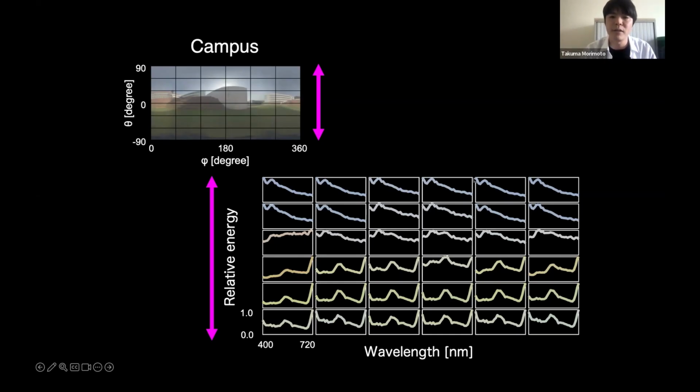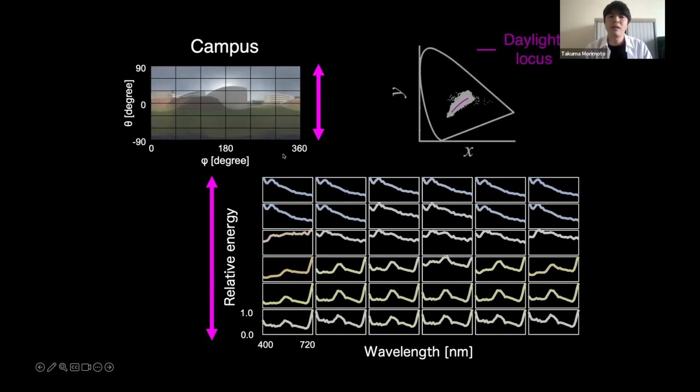And if we plot the chromaticity distribution of all pixels in this image, we can see that they actually largely deviate from the daylight locus. So what I want to say here is that if you look at the illumination in this way, it doesn't seem to be limited along the daylight locus.